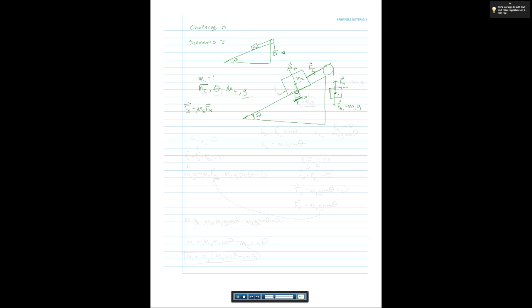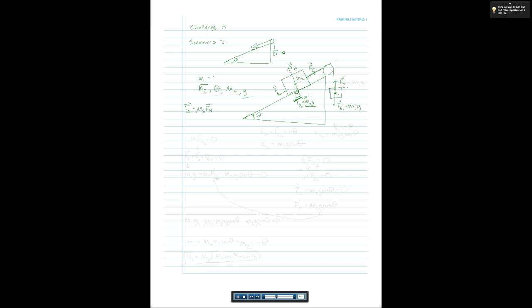So I'm going to draw this object's weight, which is just mass times gravity. I've got my normal force coming off like this, and now I have a static frictional force to deal with. If tension is pulling this block up the ramp, then static friction is keeping it there by working against the tension. So static friction is actually pulling down the ramp.